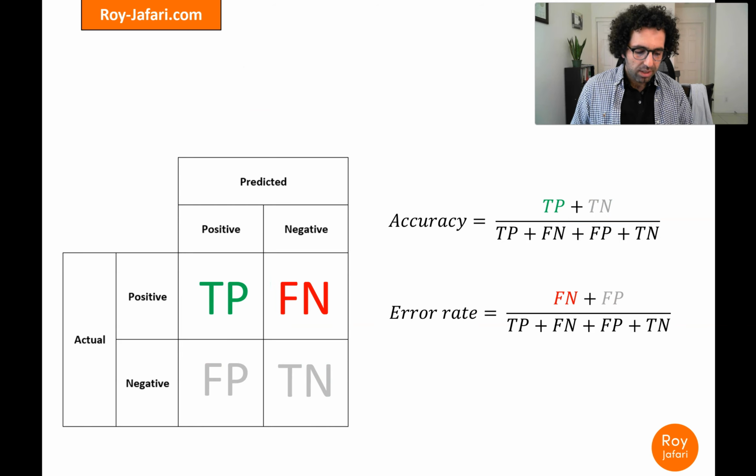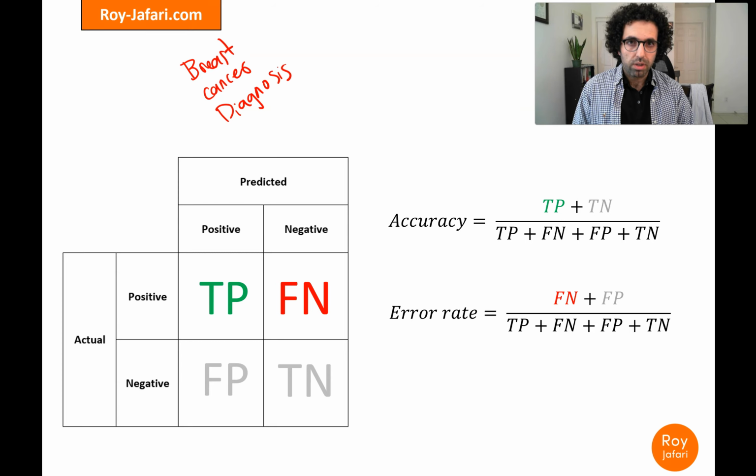But we did see in this example, in the case of breast cancer diagnosis, that false negatives are far more consequential and more undesirable than false positives. So if we want a metric that actually captures this, we have to find metrics that only use these in essence, right?